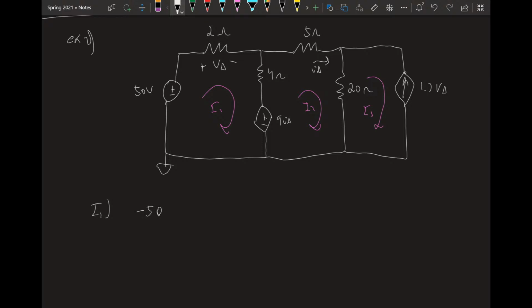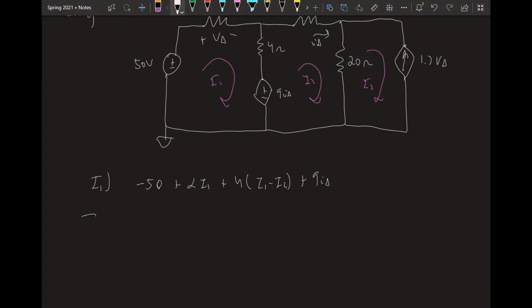Minus 50, and then we're going across this one, so we're going to do plus 2i1, and then we're going to do plus 4 times i1 minus i2, and then we have this voltage source here, right? And it's a voltage drop, so it's going to be positive, plus 9i delta.